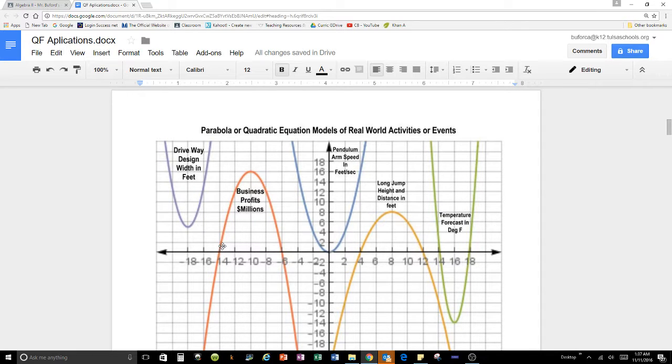You can see that if the parabola opens downward like this, meaning here's where the parabola starts, and if it opens downward going down, then the vertex must be a maximum, because it's the highest point of the parabola, and that highest point is always at the value k, which is, remember, the vertical distance from 0.